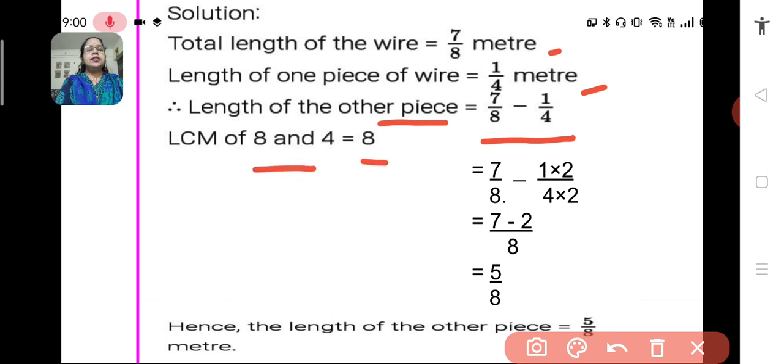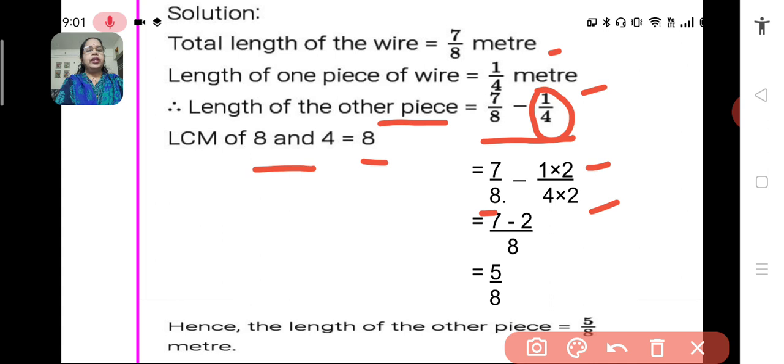It is 8. Now, we change both the fractions into equivalent fractions with denominator 8. Now, 7 upon 8 already has denominator 8, so we do not change it. 1 upon 4 we change into an equivalent fraction by multiplying both the denominator and the numerator by 2. So, what do we get?